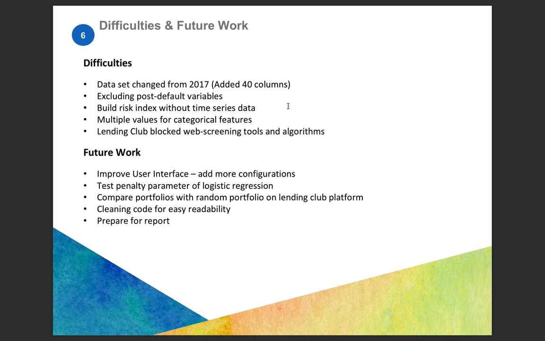Also, we exclude the post-default variables. We built a risk index, but we think it should consider more time series data because the risk could be influenced by time series events in the history. Also, the multiple values of categorical features are difficult for us. Also, Lending Club blocks access to screening tools and algorithms.